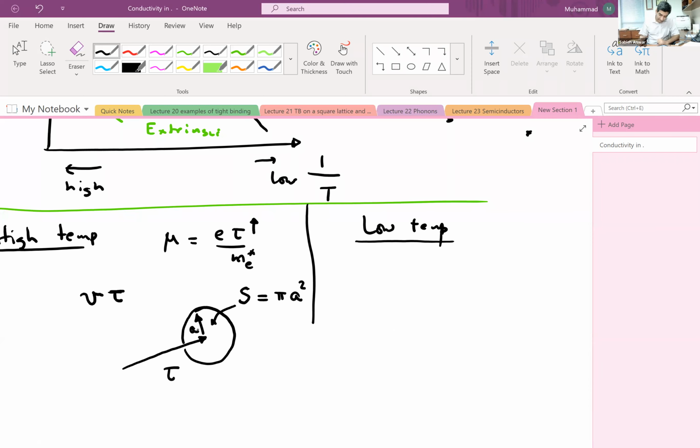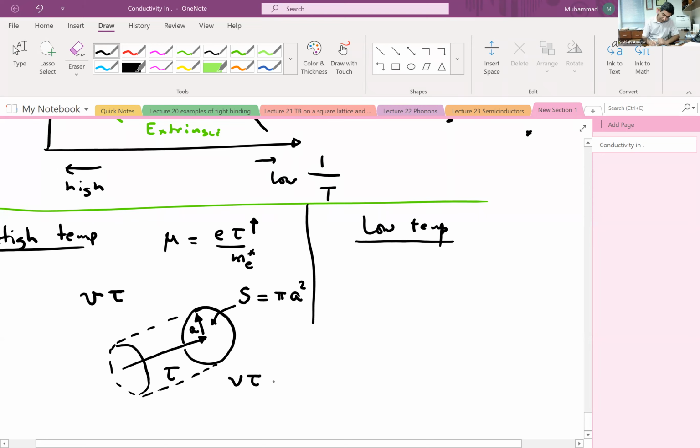Now if I were to close this figure into a cylindrical volume, this volume is going to be equal to the distance v tau times S, pi a square. So this is the volume in which one scattering takes place.